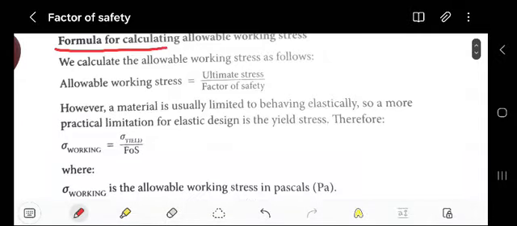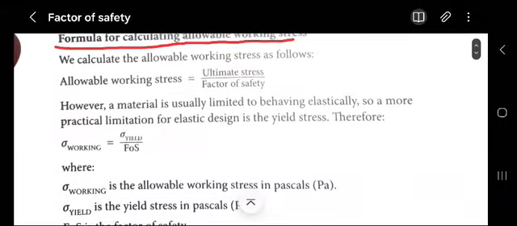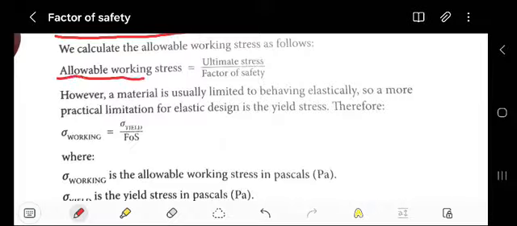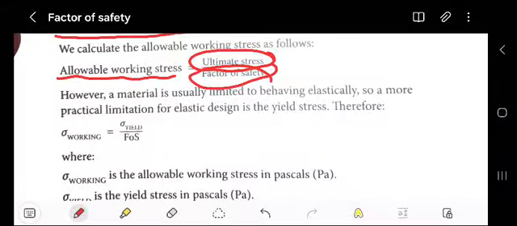nevertheless, the formula to calculate the allowable working stress is as follows. Allowable working stress is equal to ultimate stress divided by the factor of safety.